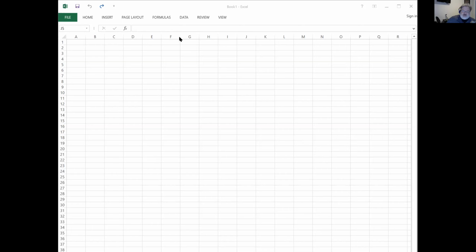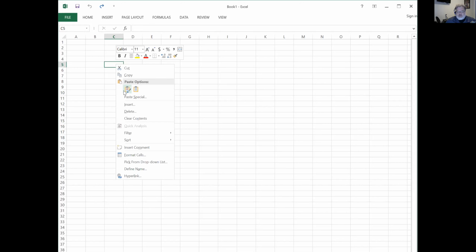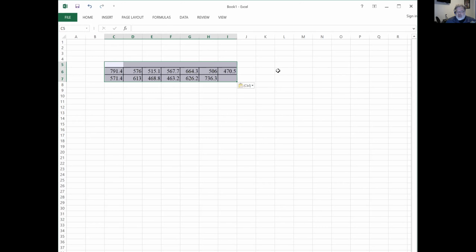But with Excel, I know some of you are not liking using Excel as much, but it is handy for the homework questions and the test questions. If you highlight the tables, you can copy and paste, and it will paste them into Excel.